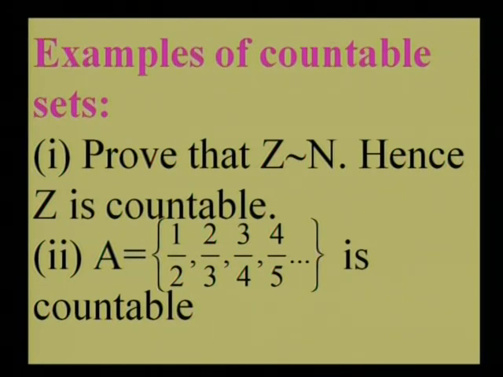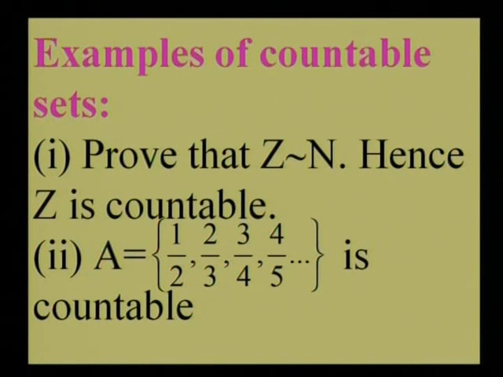It is very simple just for you. A is equal to 1 upon 2, 2 upon 3, 3 upon 4, 4 upon 5 and so on. Now, it is some arbitrary, unknown set, A is equal to this. Using this, you observe the pattern 1 upon 2, 2 upon 3.